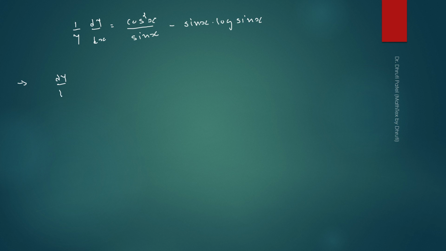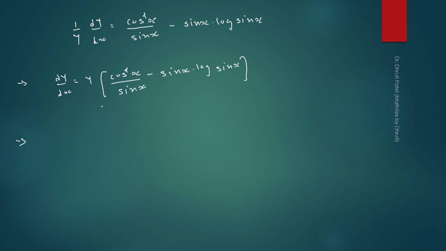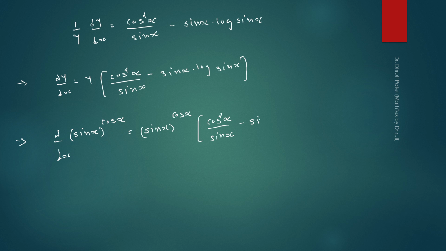So I have dy by dx is equal to y into cos square x upon sin x minus sin x into log sin x, and expression for y is given as sin x raised to cos x, and therefore my final answer is dy by dx of sin x raised to cos x is equal to, again y is there, so sin x raised to cos square x upon sin x minus sin x into log sin x, and this is my final answer.